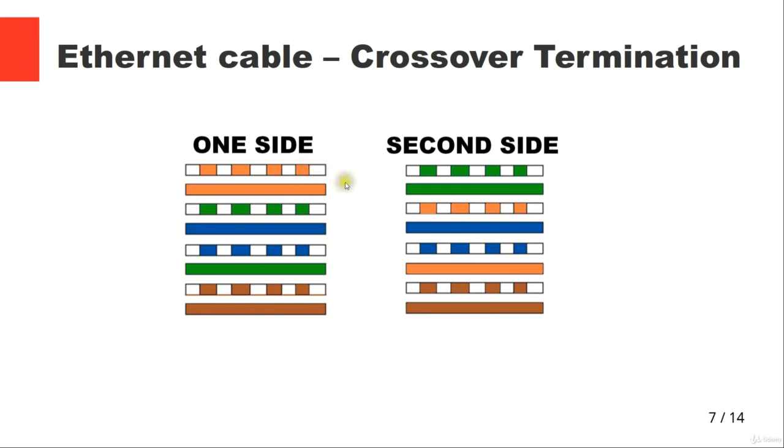Pin 1 goes to pin 3, and this goes to pin 6, and this one goes here, and this one goes here. So that's why it's called crossover. Basically, orange is swapped with green. The blue and brown are the same. That's a crossover.